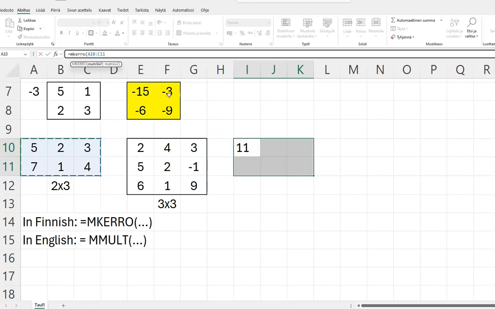You can see the exact command from the formula row here, but I will show you that after I have this ready.